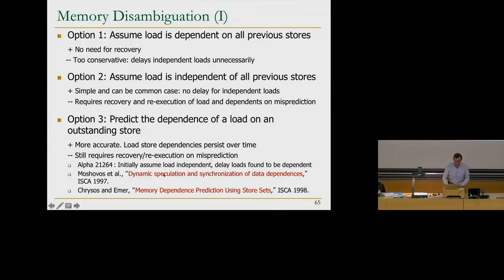There are some very interesting papers. For example, the Alpha 21264, if you read this optional reading, you will see that whenever it executes a load, initially it assumes that the load is independent. It figures out if it's right or wrong. If it's wrong, the next time it says, I'm not going to assume that it's independent, I'm going to assume it's dependent. So it learns over time a little bit.